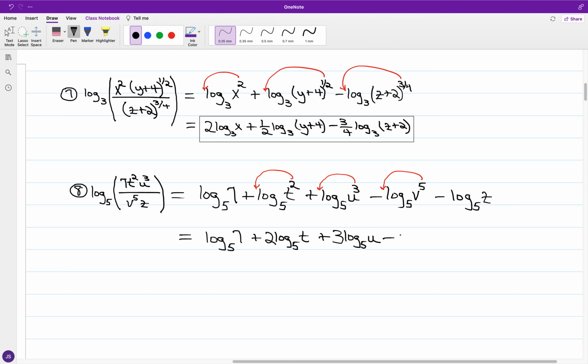Then we have minus 5 times the base 5 logarithm of v, and once again we have minus the base 5 logarithm of z.